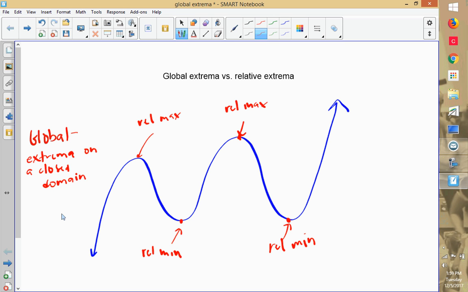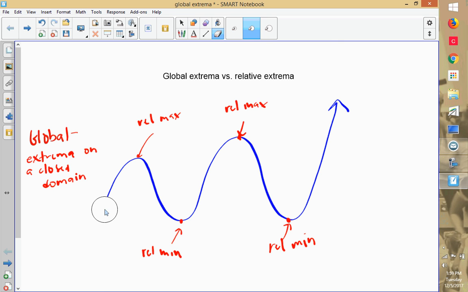When you have arrows like this graph at this point does, these arrows are indicating that this graph is going down to negative infinity or up to positive infinity. So there's no absolute endpoint because this graph technically keeps on going.